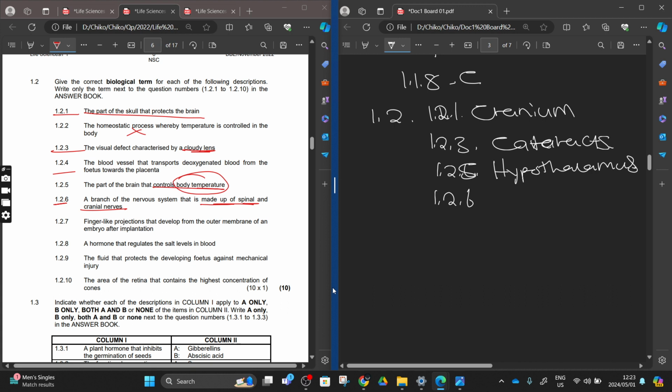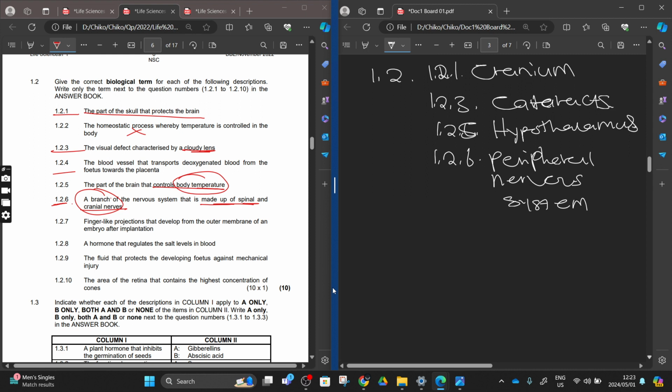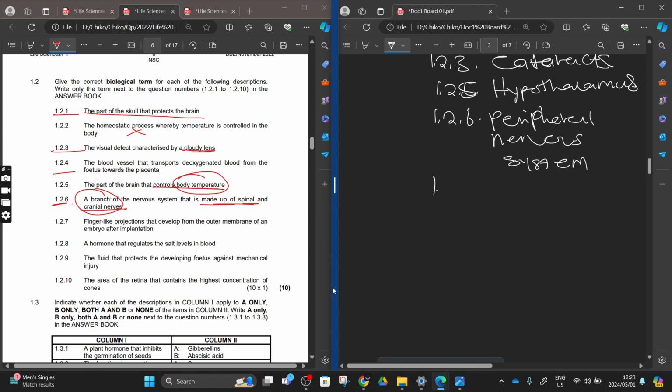This one is coming for the second time. We did this previously when we were doing questions somewhere. This part here, peripheral nervous system, right? We did this, it is coming for the second time in our class. 1.2.7, 1.2.8, finger-like projections developed from the outer membrane of the embryo after implantation.